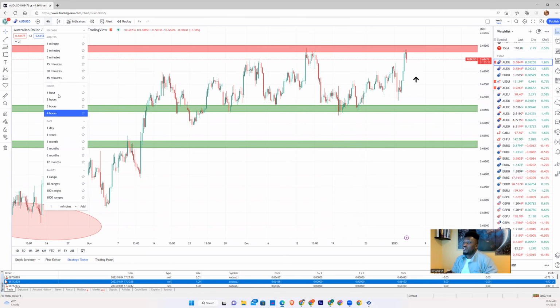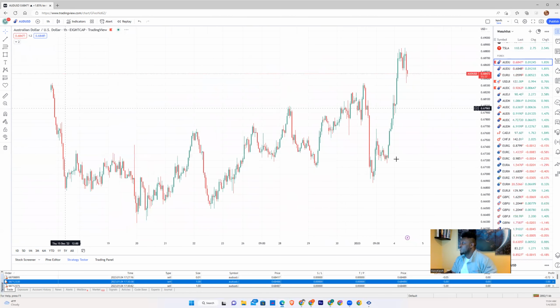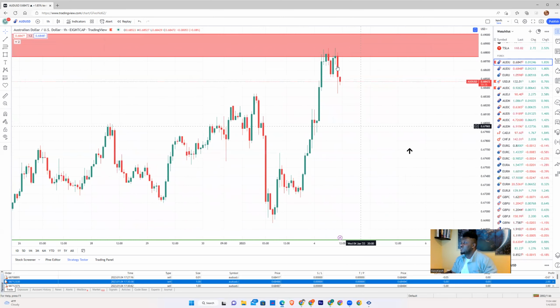Okay, I'll show you why I'm in a sell position, and this right here, double top. I'll try to show you. So I have a double top right here.